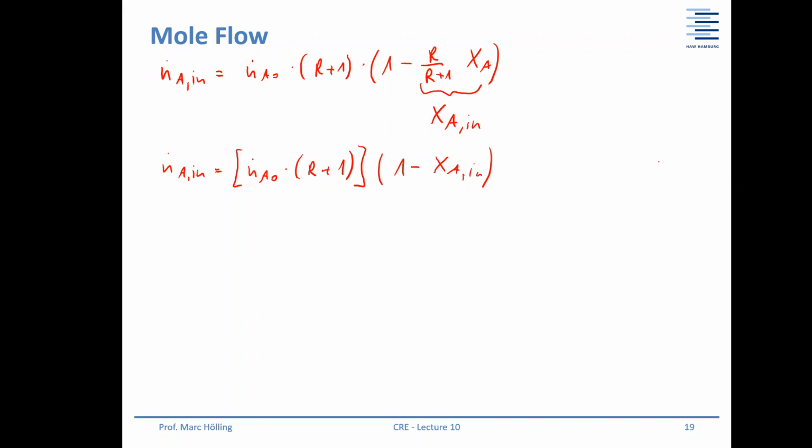Okay, what have we gained with this? Now we know that we have something like a virtual inlet flow.